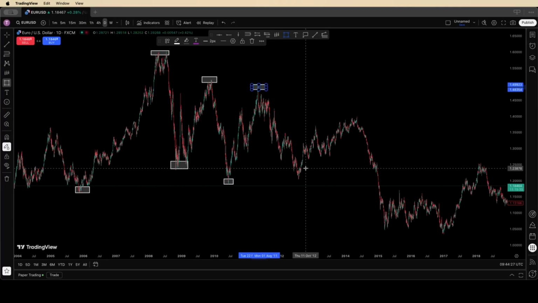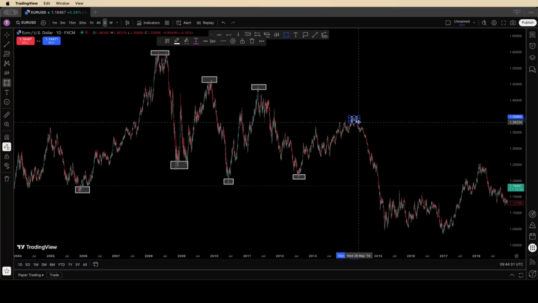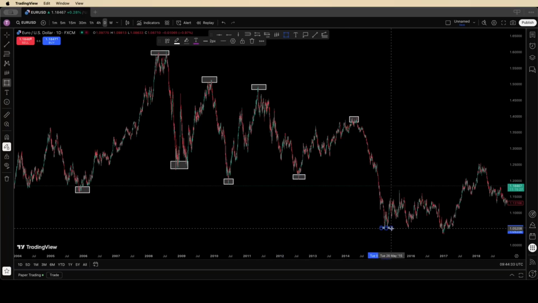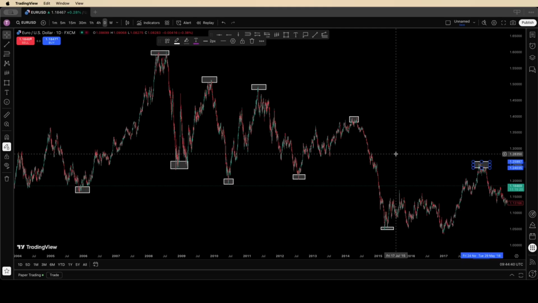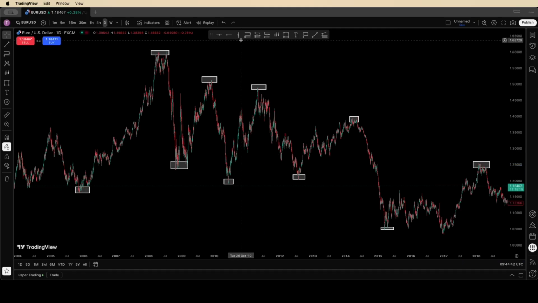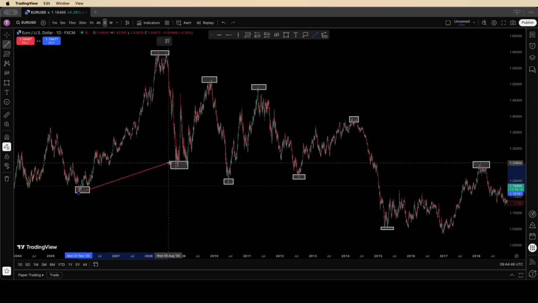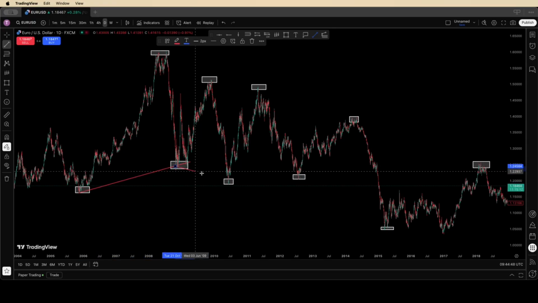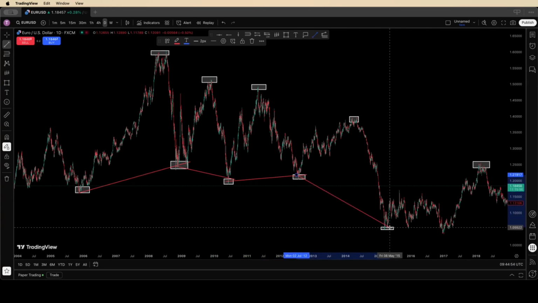here, here, here. So this is range, and then here. Now if we look at it, it looks like market from here is going up, and then this one is going down, and then this one is going a bit slightly up, and then this one is really dropping.